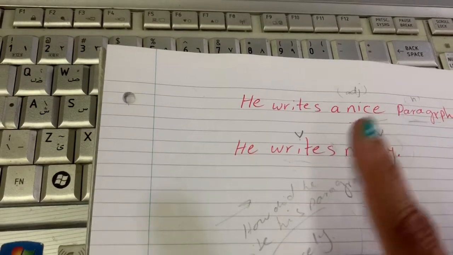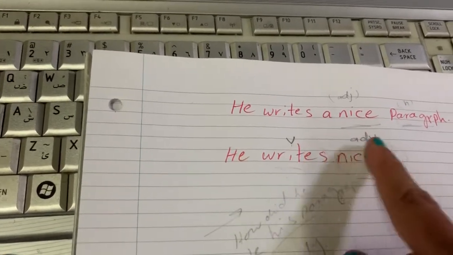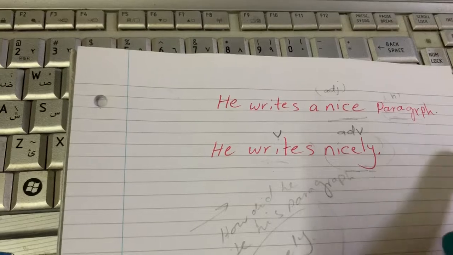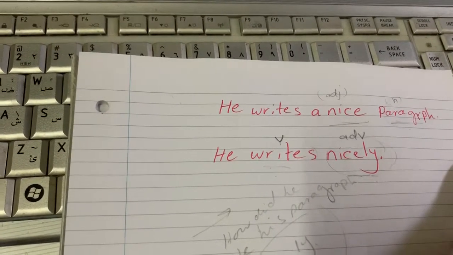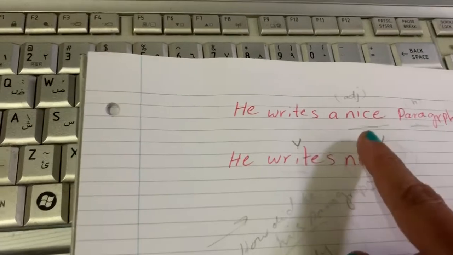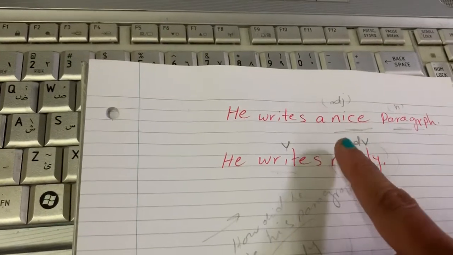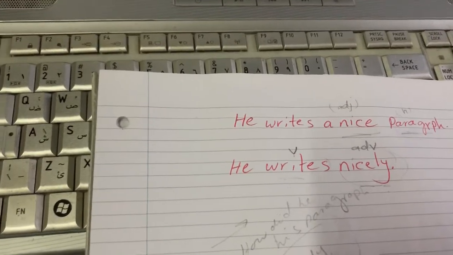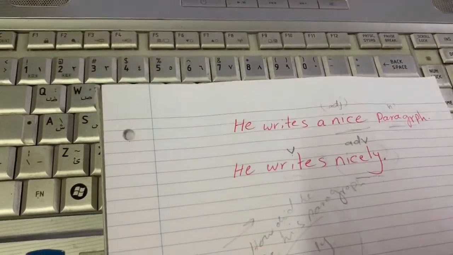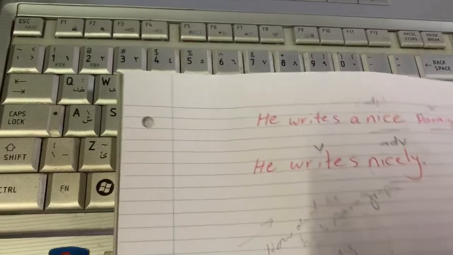Okay, but we can't see the adjective come after the noun. Okay, why? Because adjective describes nouns, but adverb describes verbs here.